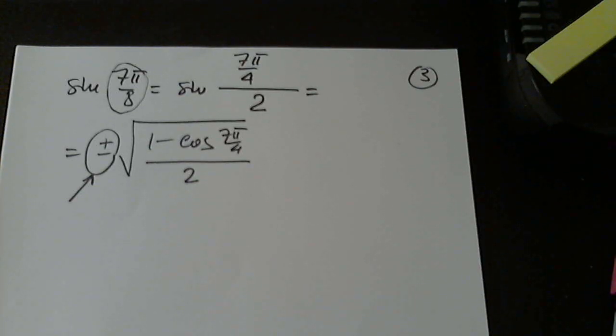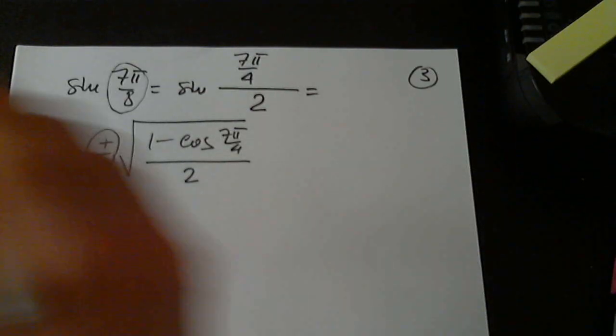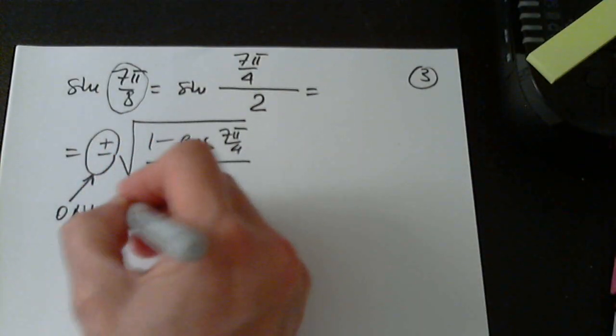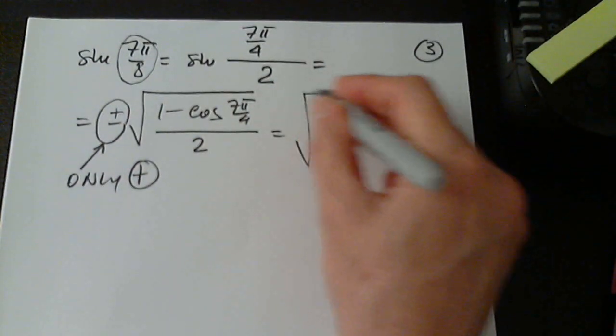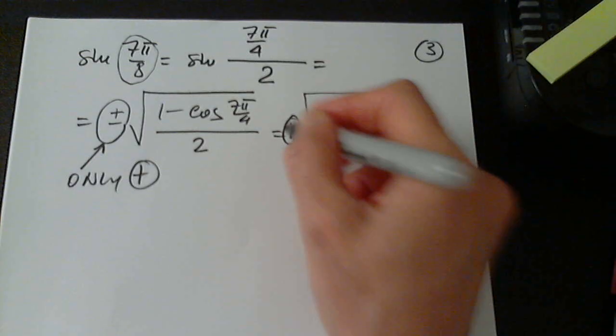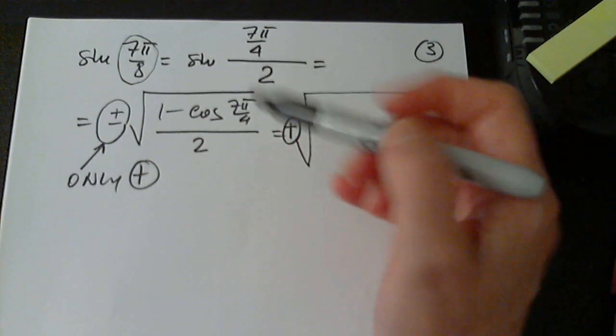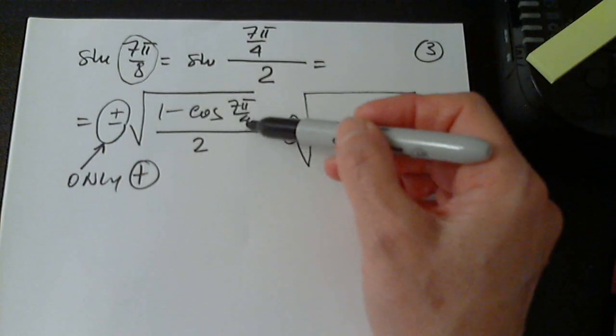That will tell me the quadrant. It's 157.5 degrees. Obviously, it's in the second quadrant. Sine in the second quadrant, we already know it's positive, and I'm going to say only positive. So then I continue with positive. I'm emphasizing the positive. Now I have to determine cosine of 7 pi over 4.